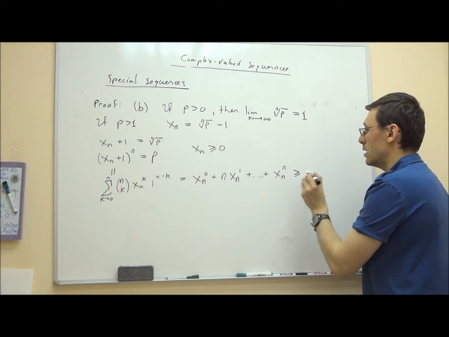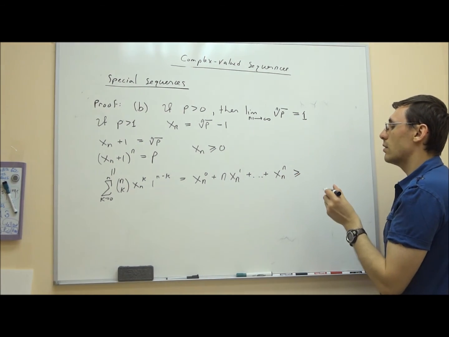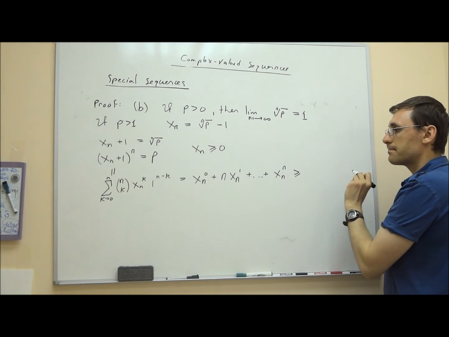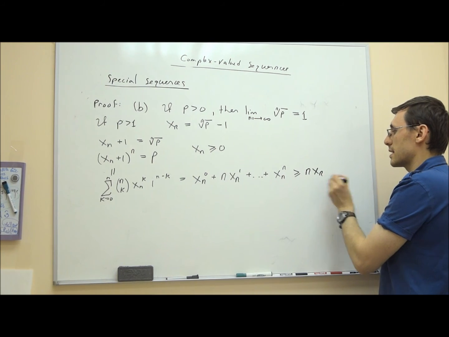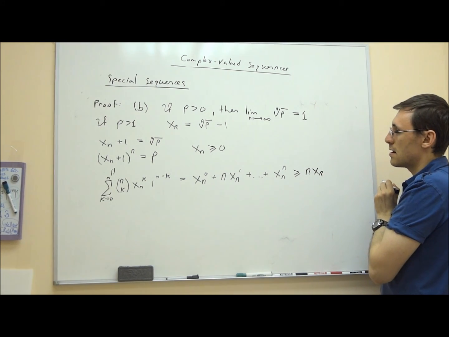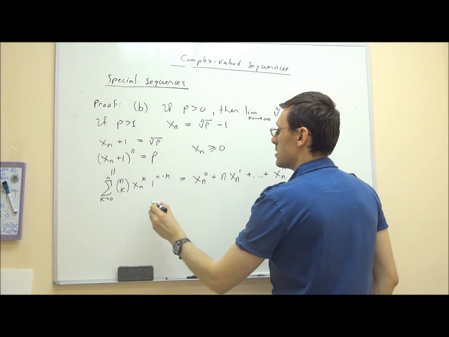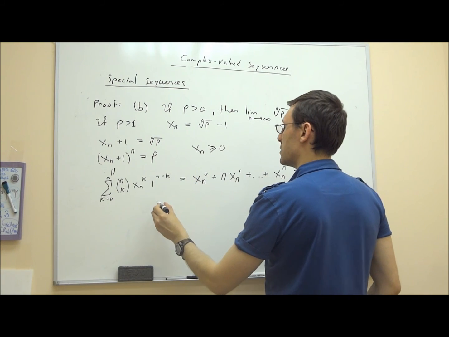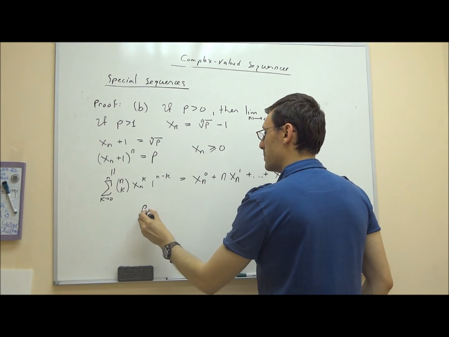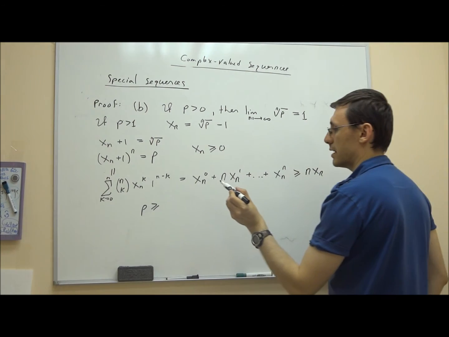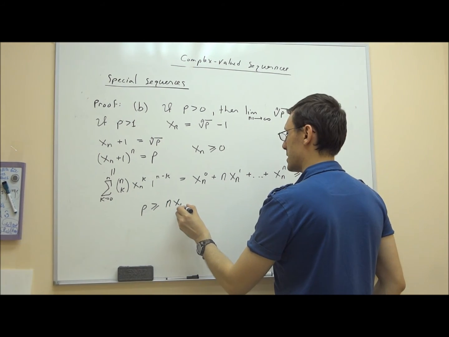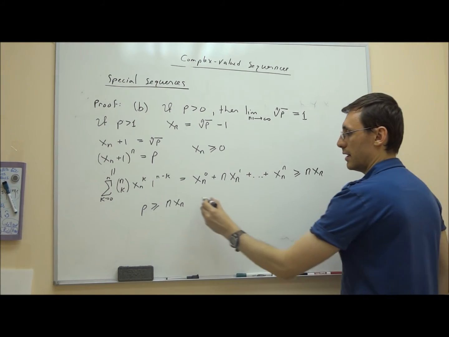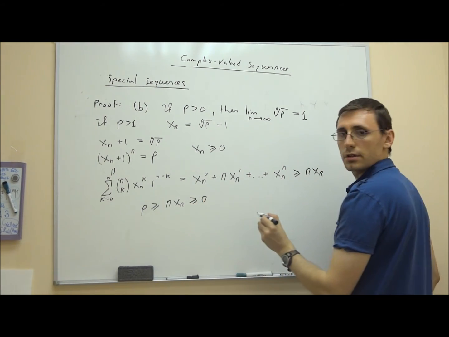Therefore this is bigger than or equal to n times xn. In other words, the number p is always bigger than or equal to n times xn, and this is always bigger than or equal to 0.